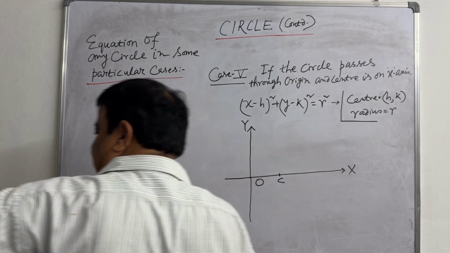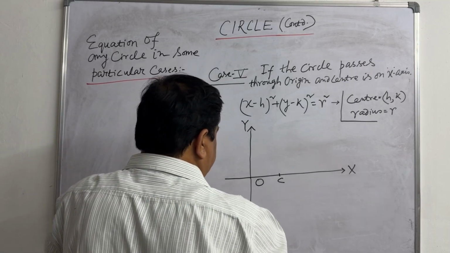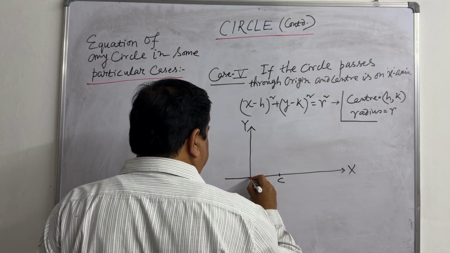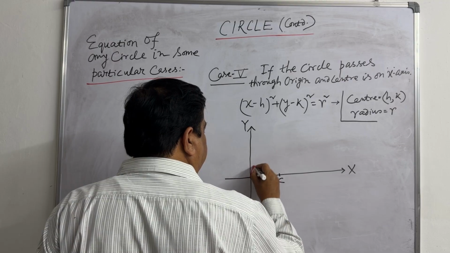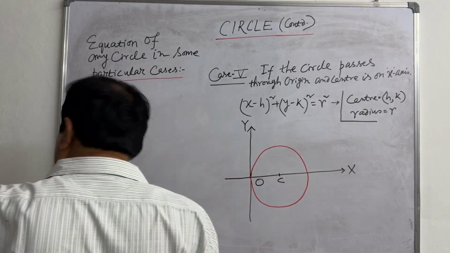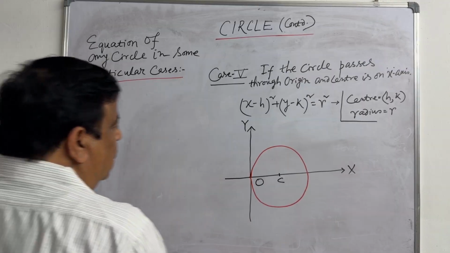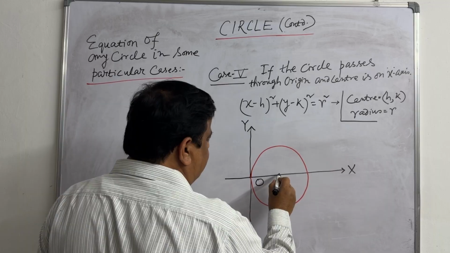If you draw the circle passing through the origin, this will be the circle. So what is the center here?